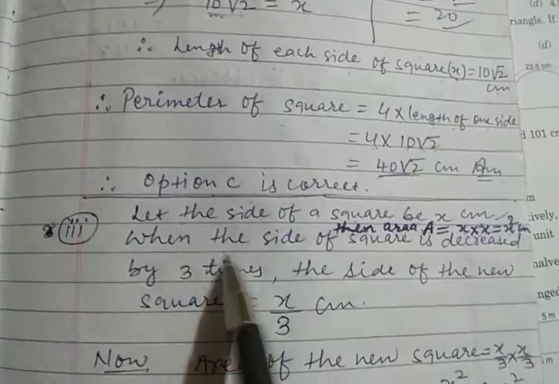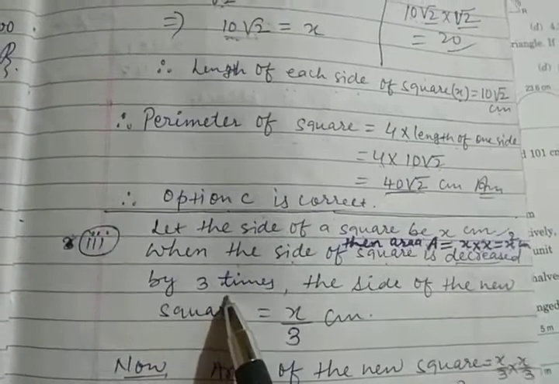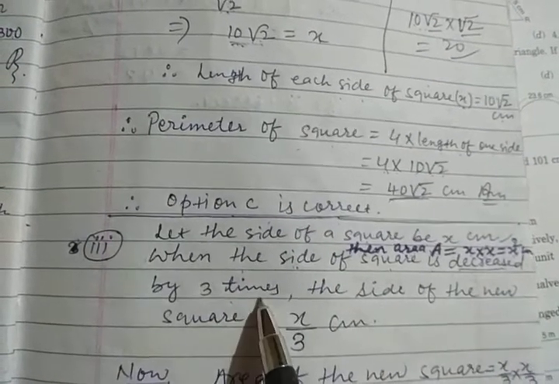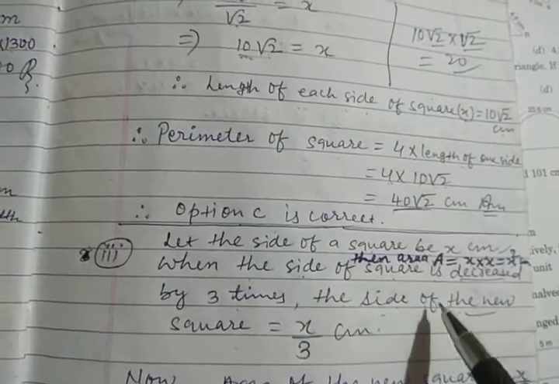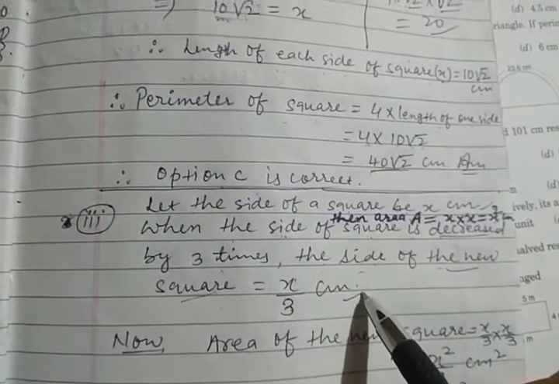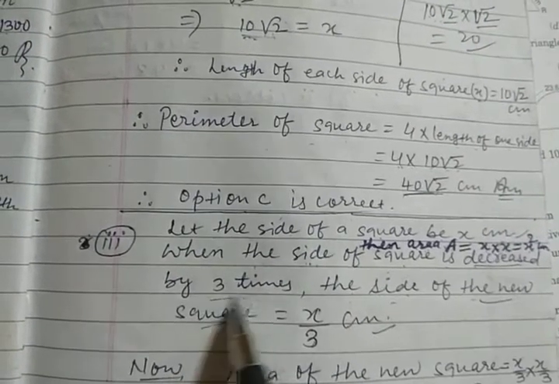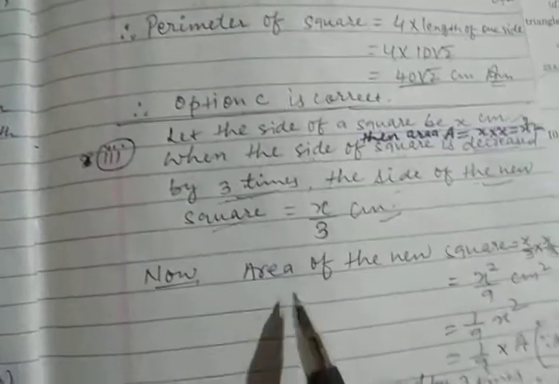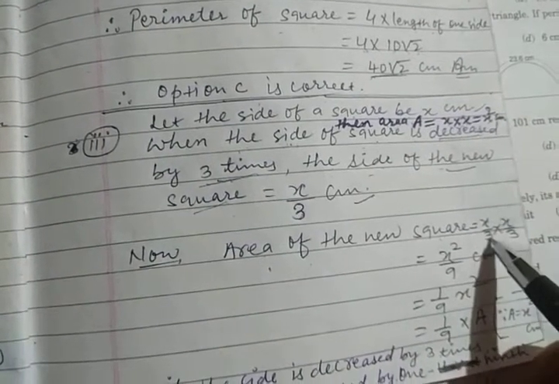Now when the side of the square is decreased by 3 times, the side of the new square will be x by 3 centimeters. So the area of the new square is side into side, which means x by 3 into x by 3.